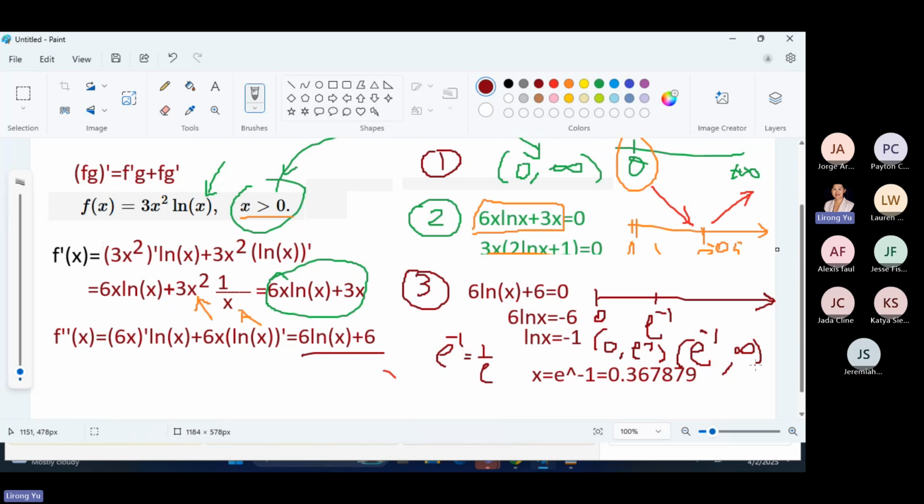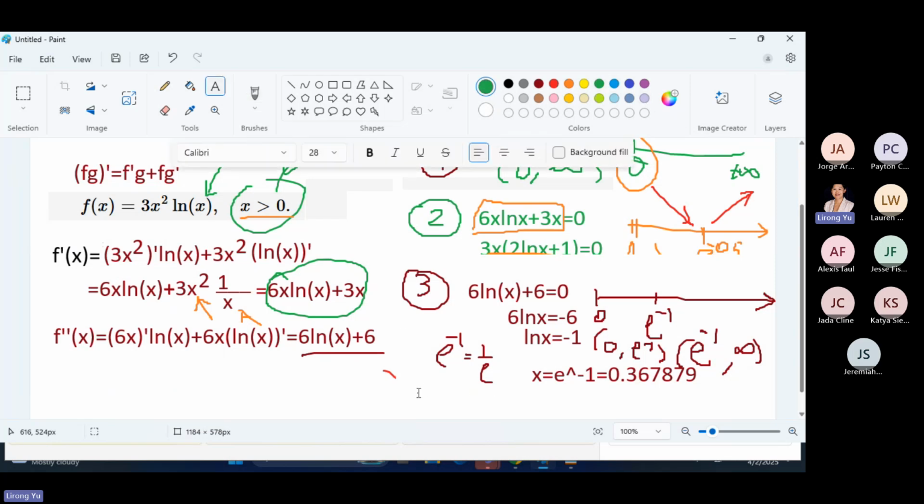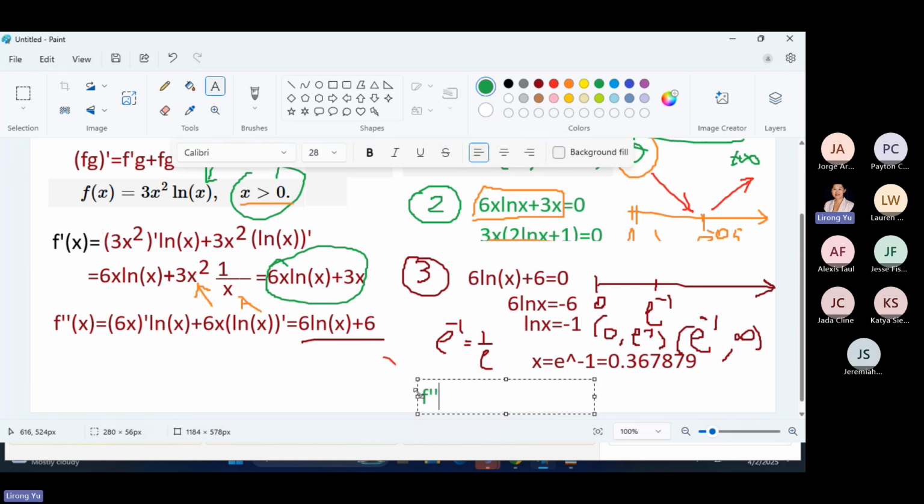To determine concavity, we will do the calculation with the second derivative. For example, we can calculate the second derivative value between 0 and e to the -1. Let's pick a really small number. I'll pick 0.1. Remember, last time we picked 0.5. I entered it wrong into the first derivative.